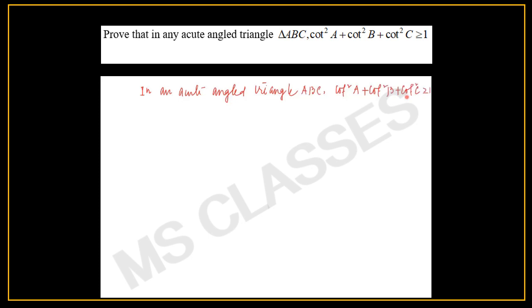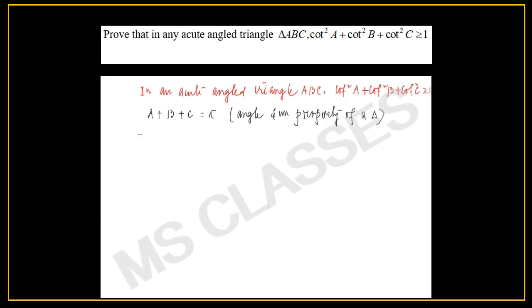The approach here is very simple because it is given an acute angle triangle. So first of all, from the angle sum property of the triangle, we can write that A plus B plus C equals pi.